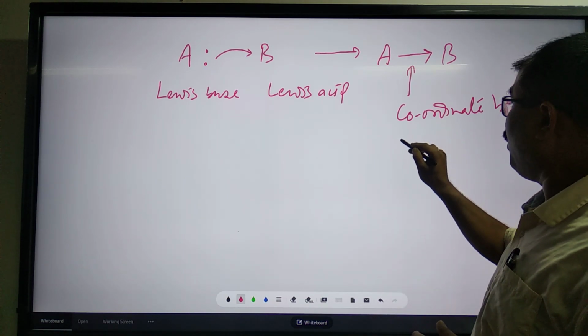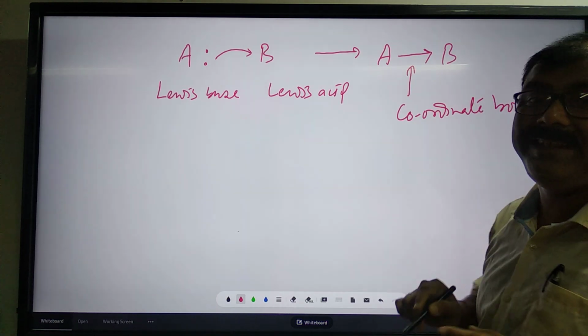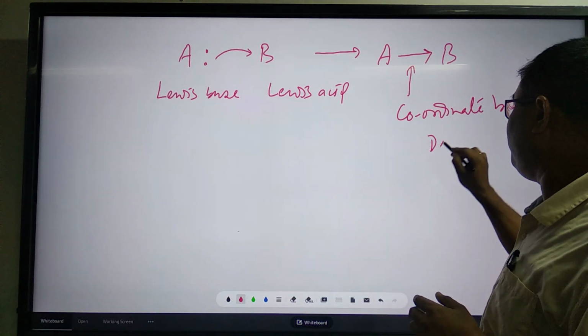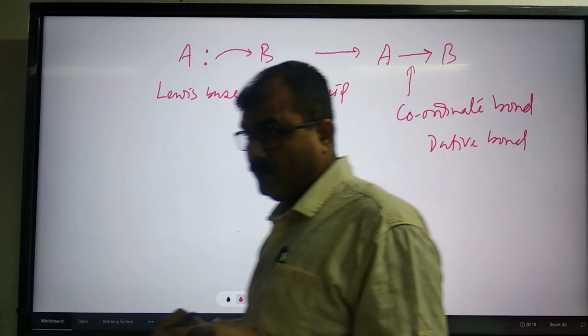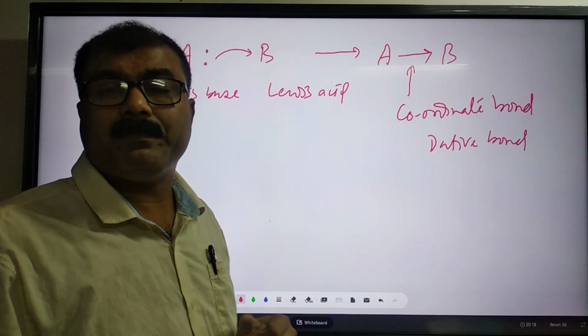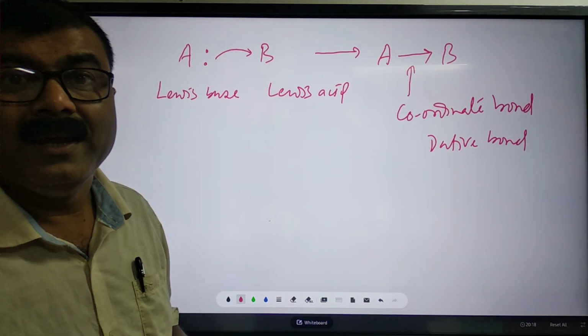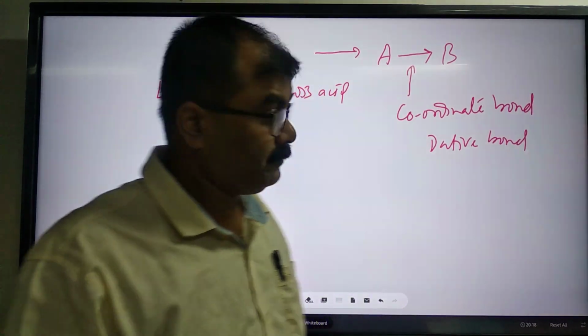It is also called a coordinate covalent bond or a dative bond. What is dative? Dative bond. Now this type of bond, the coordinate bond, is always present in complex chemistry. That is why they are called coordination compounds.